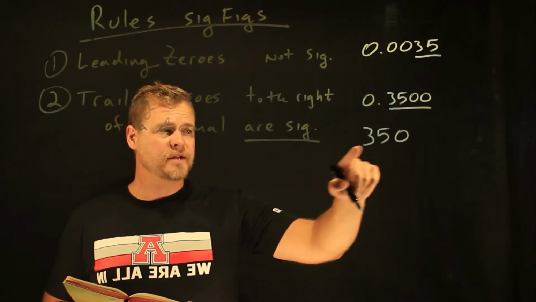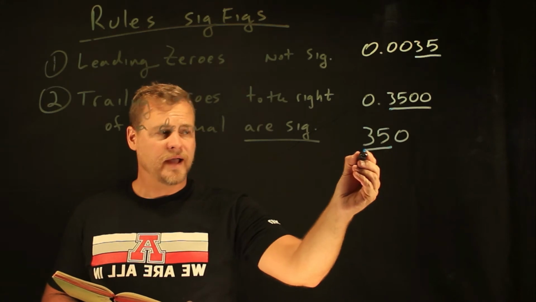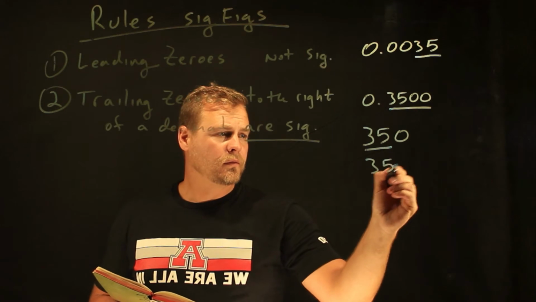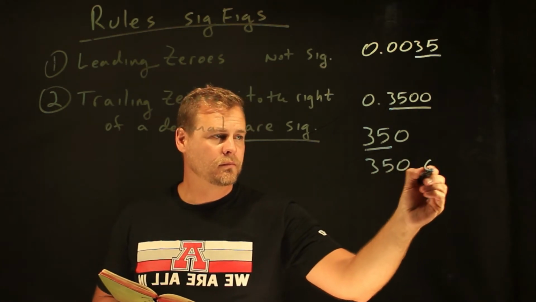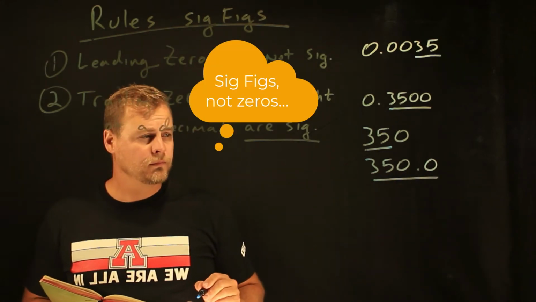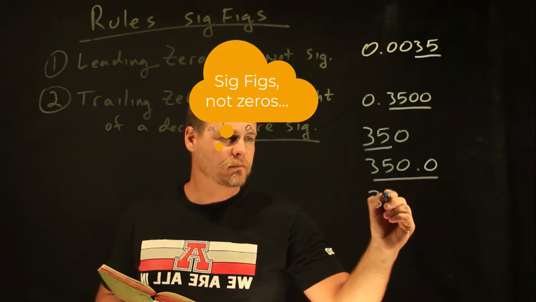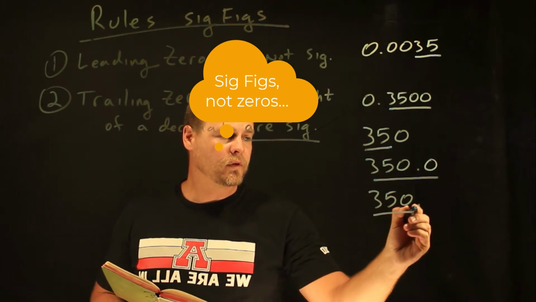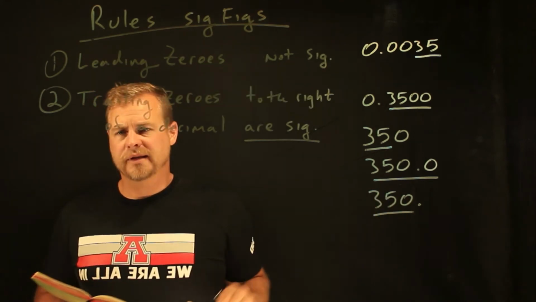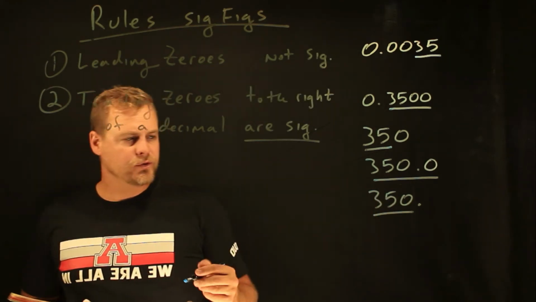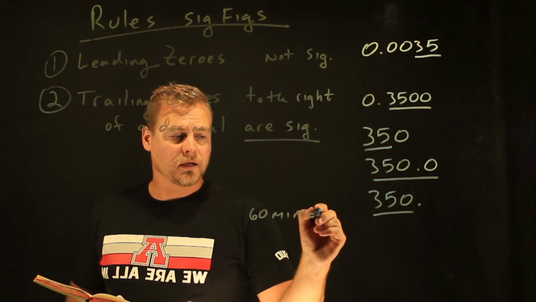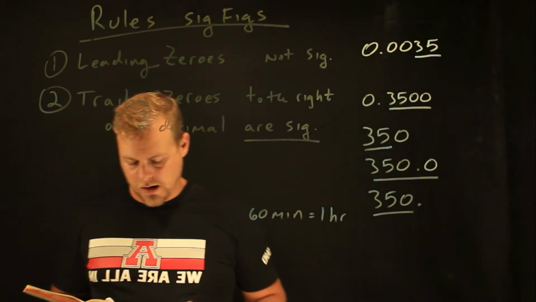350, there's no decimal, has 2 significant figures. If I were to put a decimal, then we're back to 3 significant figures, and you don't often see that written there. Okay? The reason you don't often see that written there is because a lot of times what people are doing is they're saying that there's 60 minutes in 1 hour.